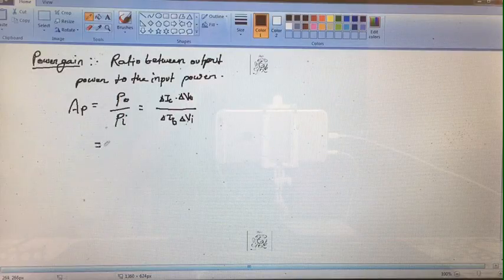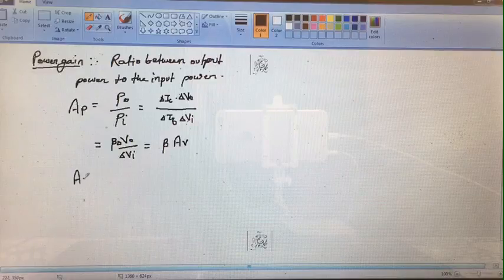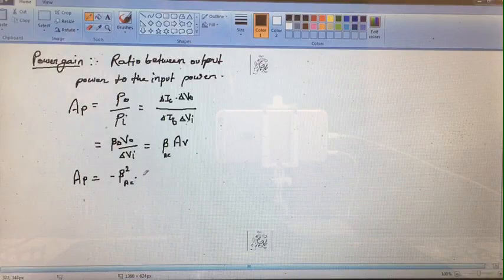So from here we can write down beta times of voltage gain, change in V output to the change in V input. So it is beta times AV. It can also be written as power gain is equal to minus beta square DC AC into RC upon R input.